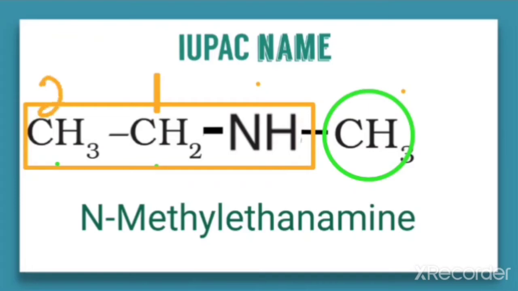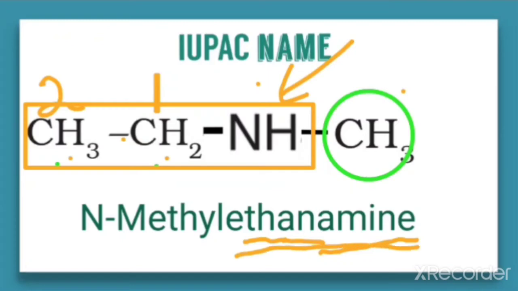So here 2 carbon atoms are there in the main chain, so we have to use the word root eth, and a single bond is present between the 2 carbon atoms, therefore we have to use the primary suffix ane, and here the functional group is amine, therefore we have to use the suffix amine. So that is the name of this part, ethanamine.